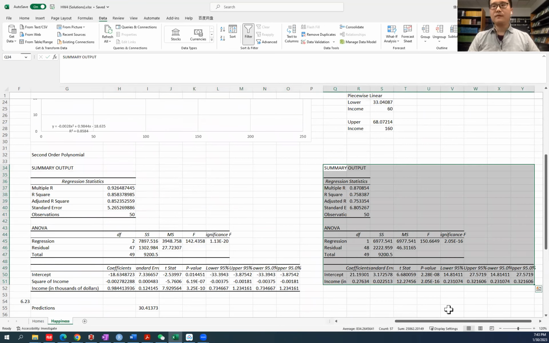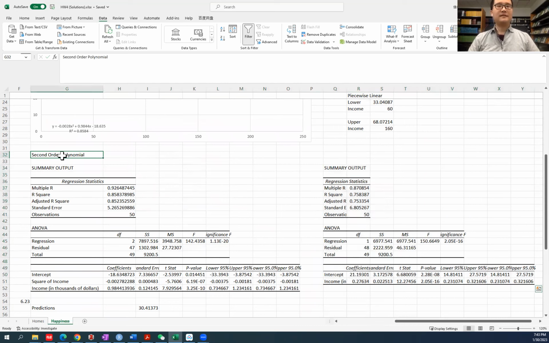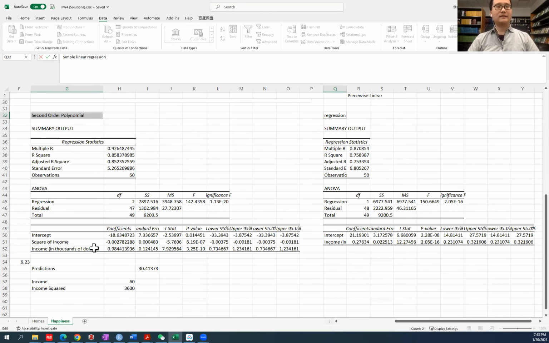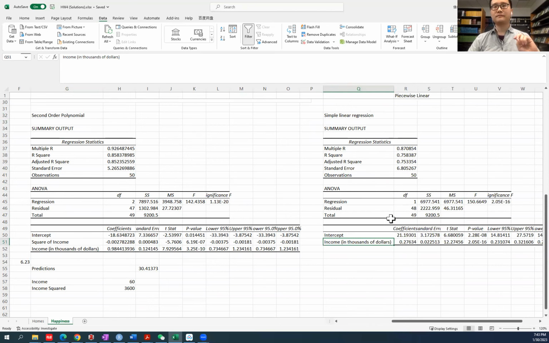Okay. On the left, that's the second order polynomial. On the right, we should call it simple linear regression. They differ by what goes into the predictors. Notice on the left, the predictors include two variables, income and square of income. On the right, in the linear regression model, there's only one predictor, income.